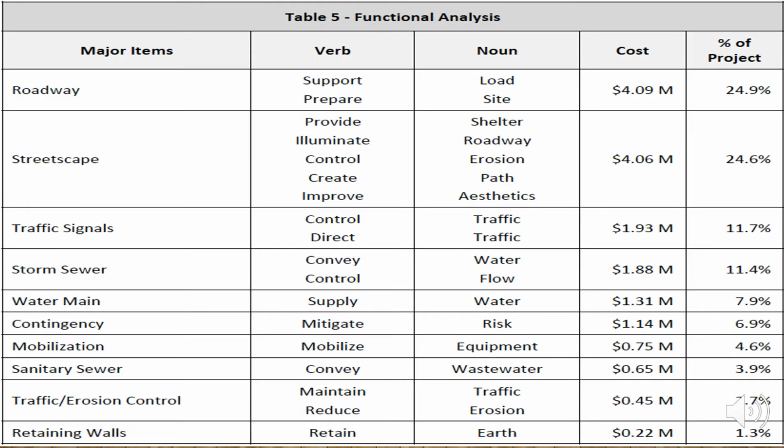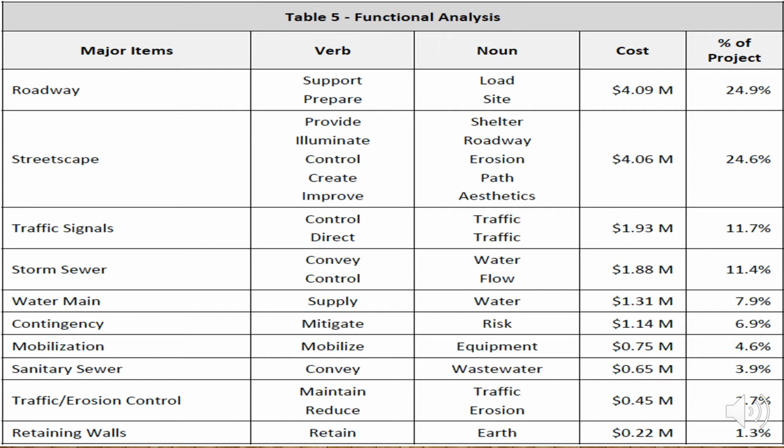Now, this table, taken from the value engineering report on a project for the Department of Transportation, illustrates the functional analysis of a project, including the function breakdown and the cost and percentage of the project, which means for a roadway, for the streetscape, for those first 2 major items, obviously they can have the largest cost impact.